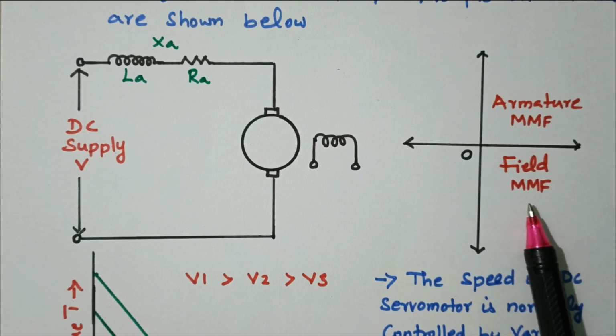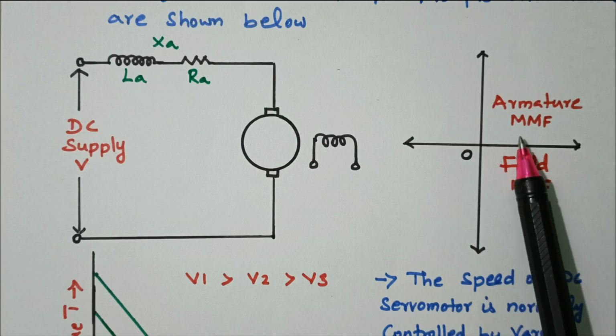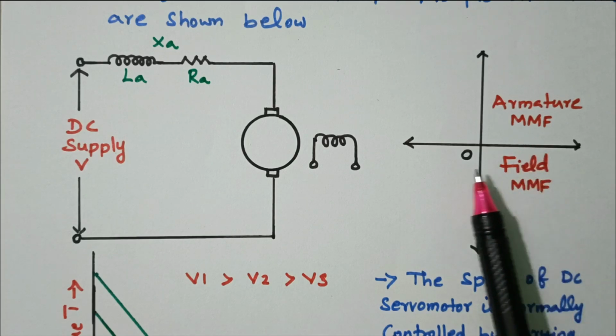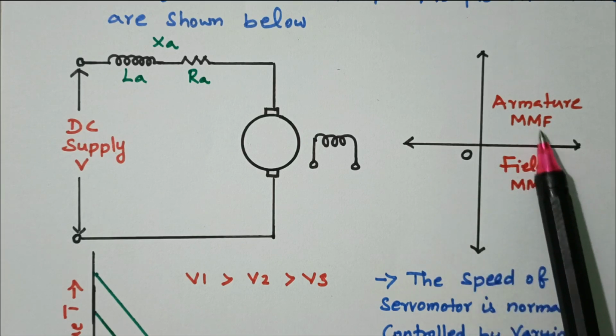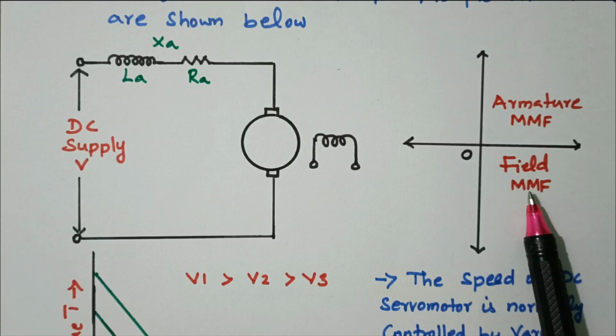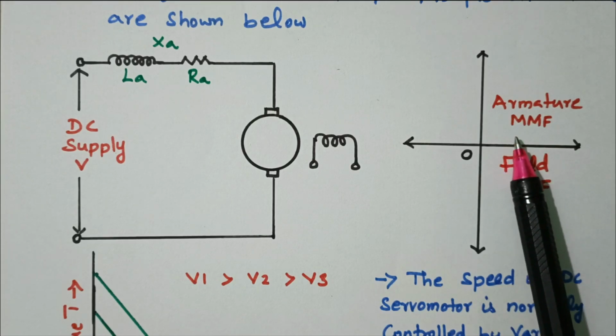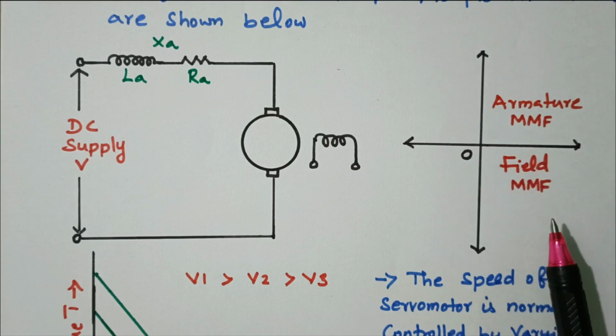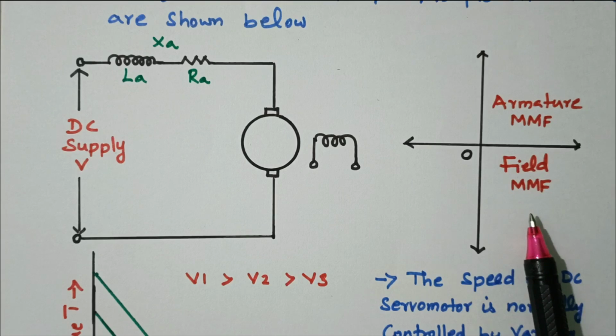So if there is a small variation in any MMF, that will be reflected in the position of the motor. So accordingly it will rotate. It is because of this quadrature that it is not rotating continuously. Small changes will happen when there is a small change in the armature MMF. So that is used wherever we need position control.